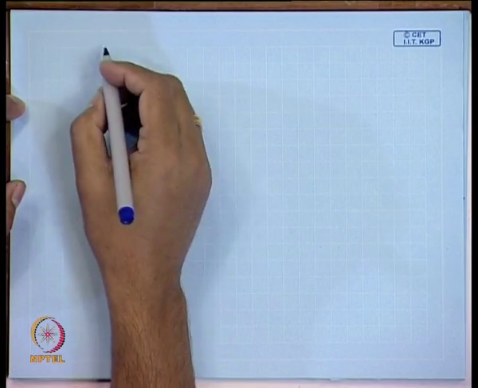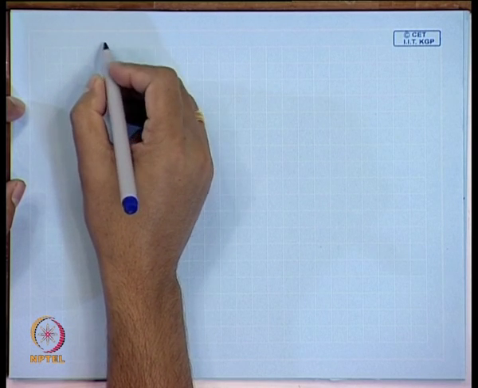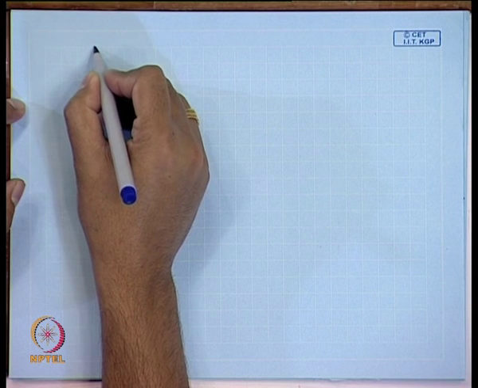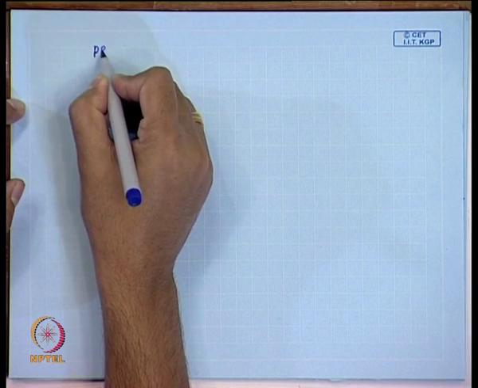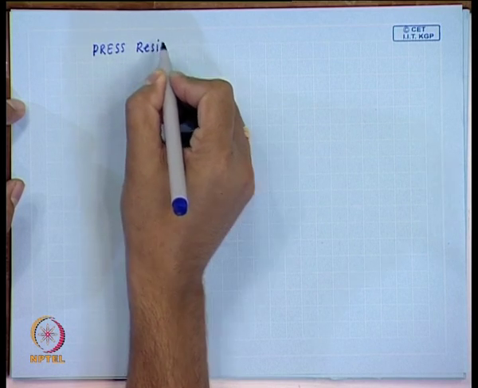Okay. So, now I will be talking about the PRESS residual, which is one scaled residual. I have already talked about the regular residual and the other things. Today I will be talking about the PRESS residual.